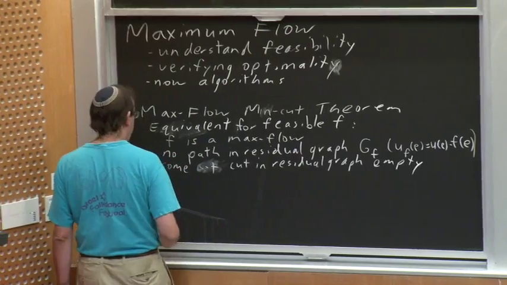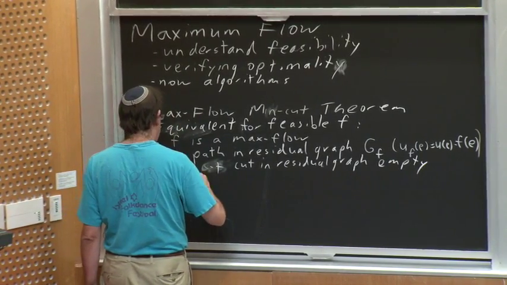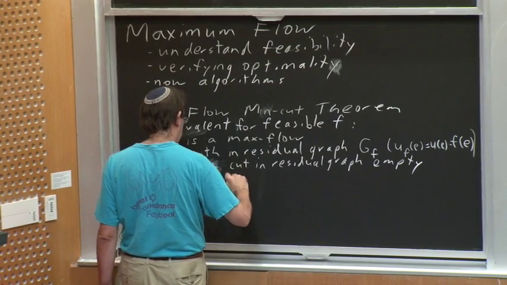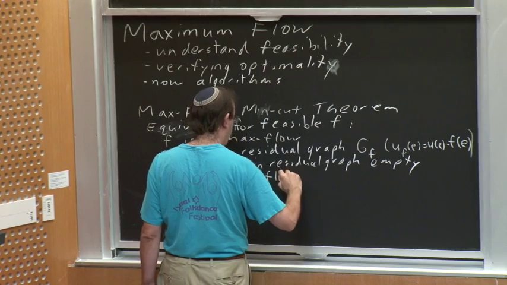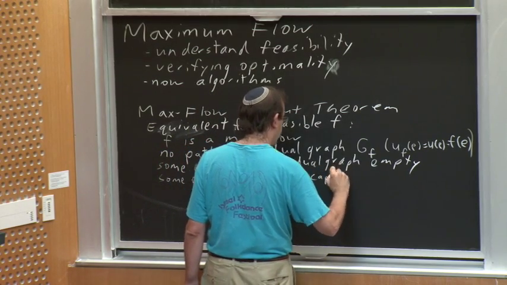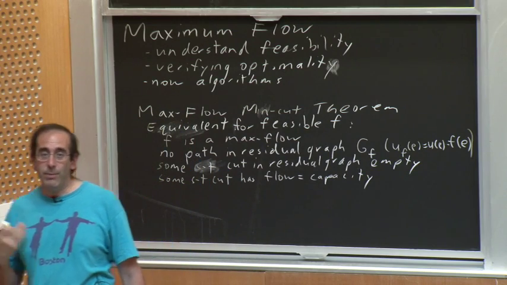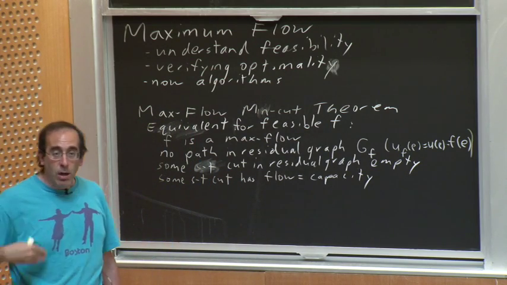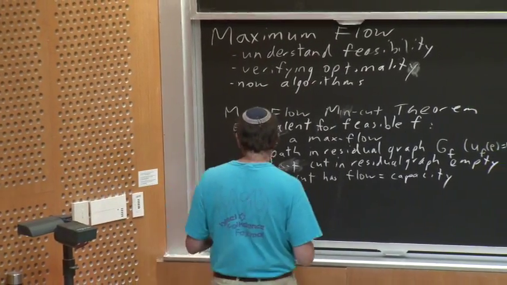And that, from the definition of the residual graph, means that some ST cut has flow equal to capacity. In other words, all of the edges crossing from the S side to the T side are completely saturated by the flow that is going from S to T.